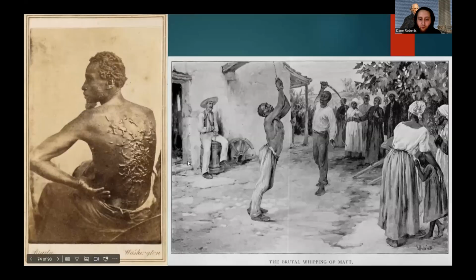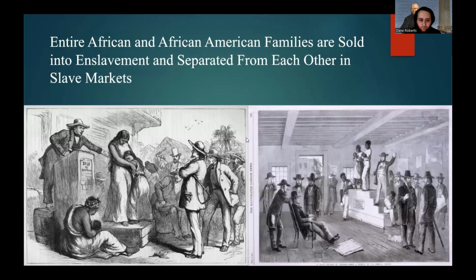And here's some more pictures showing these well-known phenomena. Also, entire African and African American families would be sold into enslavement and separated from each other in slave markets.